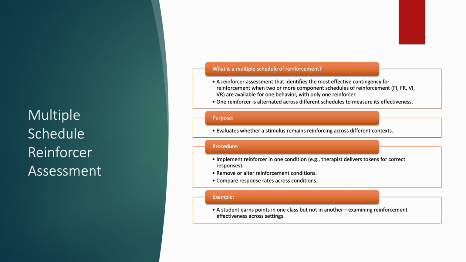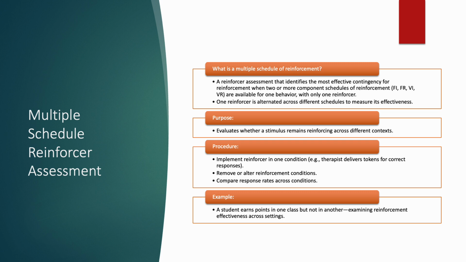It's the same behavior, just across different settings with different schedules of reinforcement in play. And so we could see how those stimuli function across different contexts. Is that stimulus going to remain reinforcing when it's under a different schedule of reinforcement, basically? Or when it's being delivered by somebody else, or when it's being delivered in a different environment.